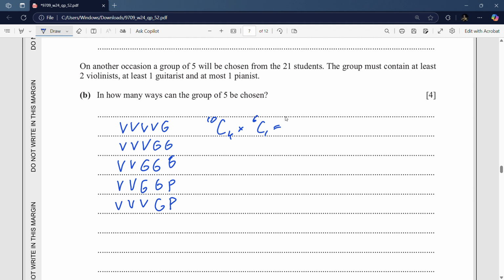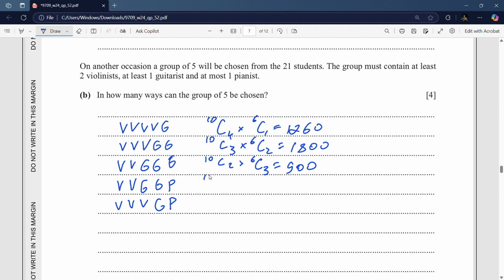Okay, and this should give us 1260, and here we have 10C3 because we are taking 3 of 10 violinists, and here we have 6C2, which will give us 1800. Okay, same goes here, 10C2 multiplied by 6C3, which gives us 900.